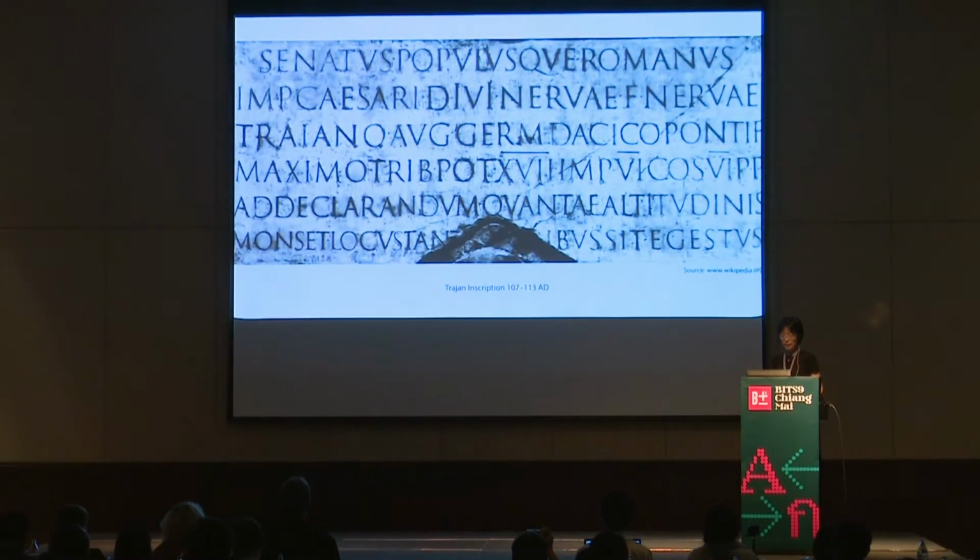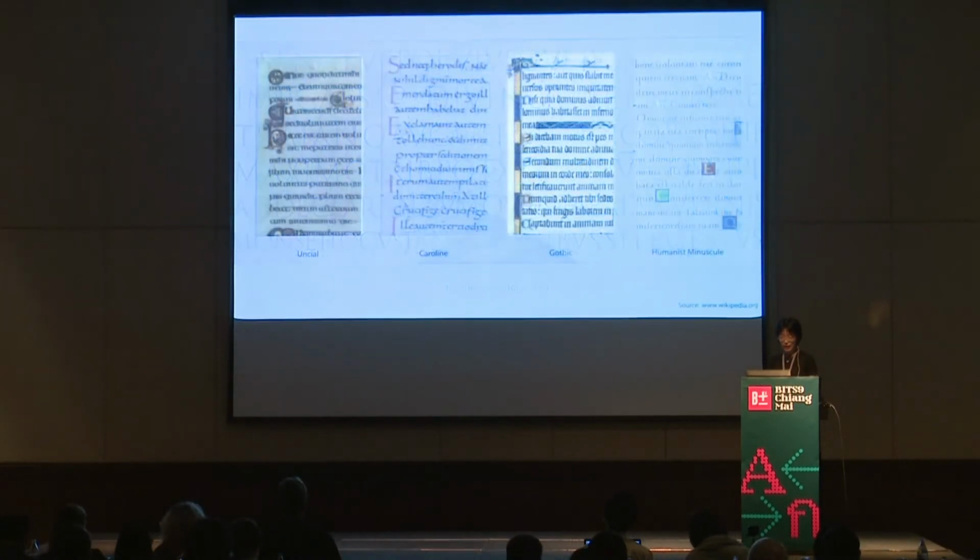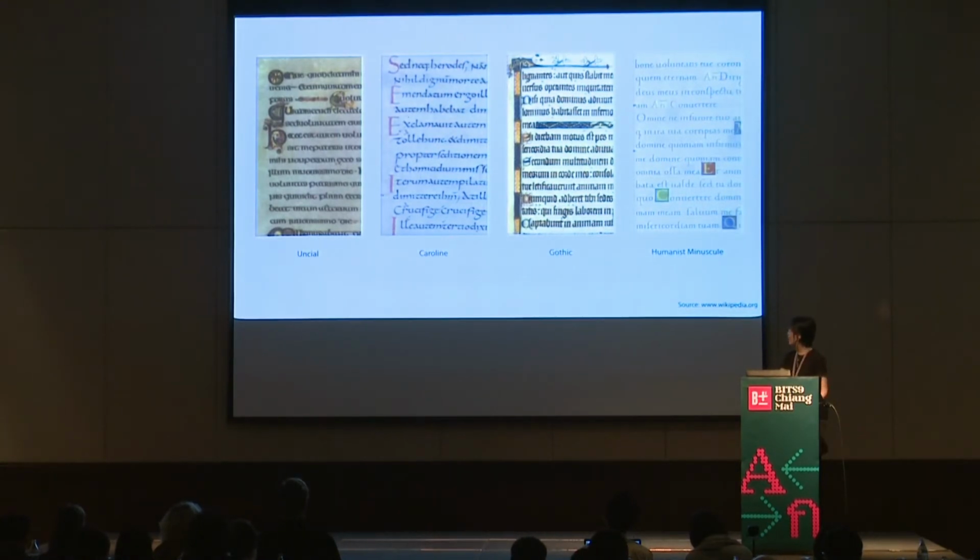We cannot talk about matching designs between Latin and Chinese without looking back at their history and development processes. The Latin alphabet appeared around 600 BC in Rome, and by the 1st century developed into Roman imperial capitals carved on the stones. And then Latin developed into many different styles, such as uncial, Carolingian, Gothic, and Humanist minuscule.